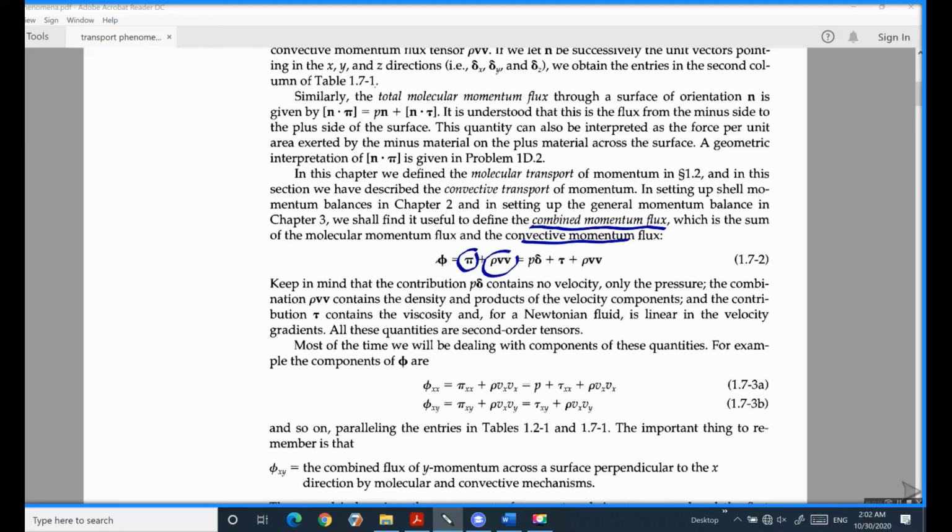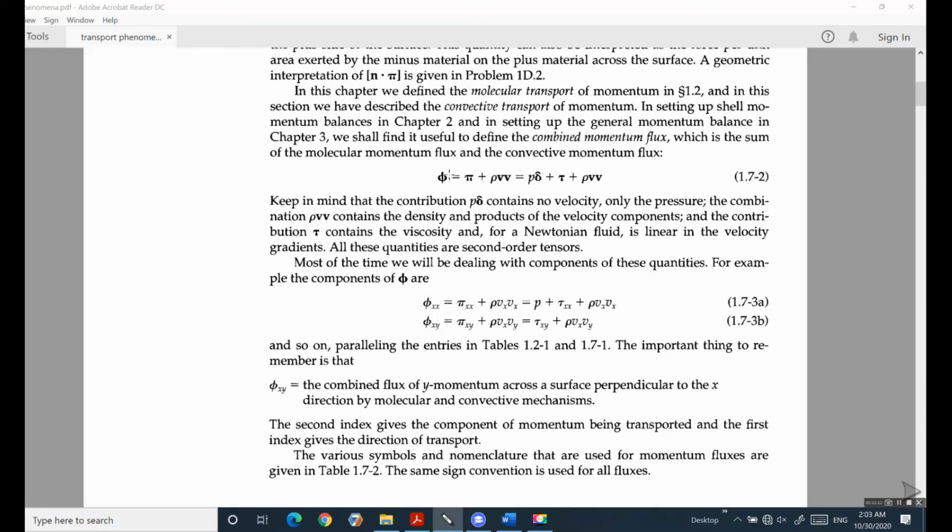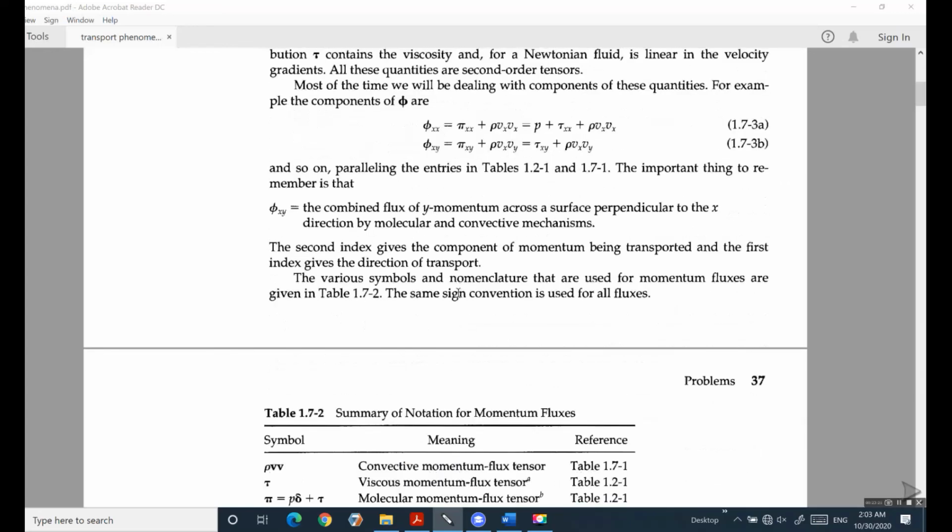Then we call this, sorry, not convective, the combined momentum flux here. So we can write this is this. So we are going to use that one, and later after discussion of this book, this is the combined momentum flux, and so on.